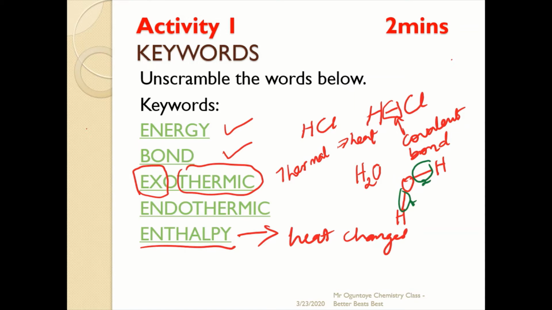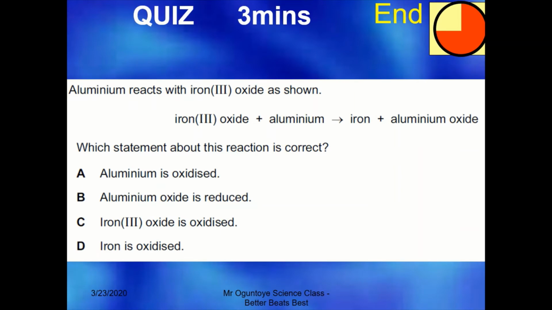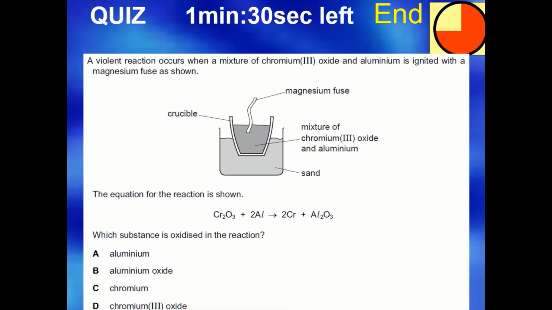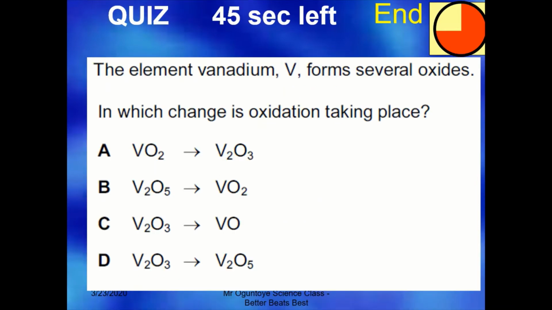Okay, so you have your pop quiz quickly. Four questions which you should try to do in 3 minutes. So this is your first question, question 2, this is question 3, and this is question 4. So you can pause the video and do the quiz. Then when you are done with the quiz, you have to do self-assessment.